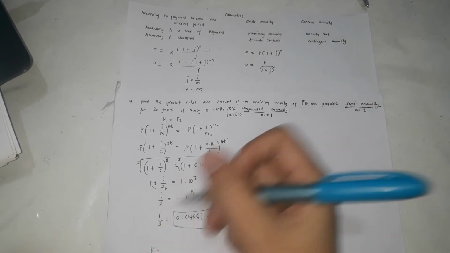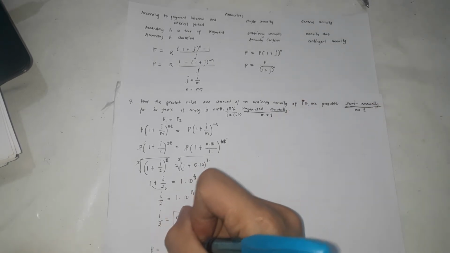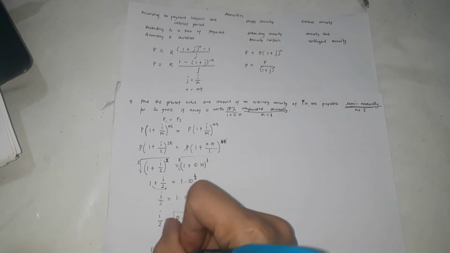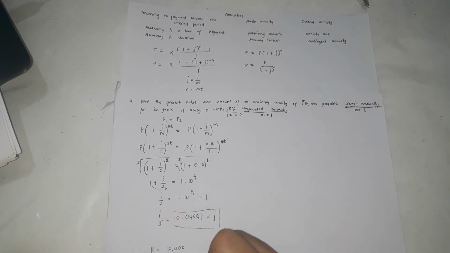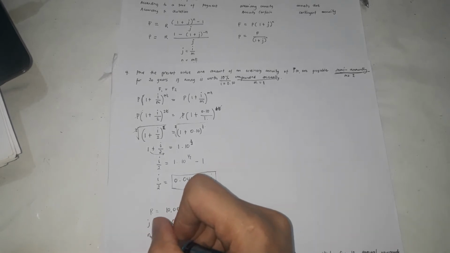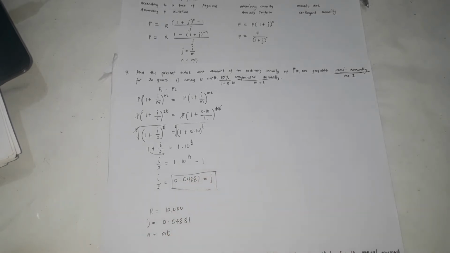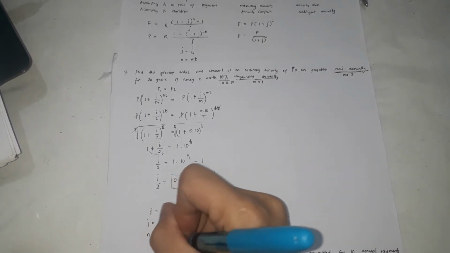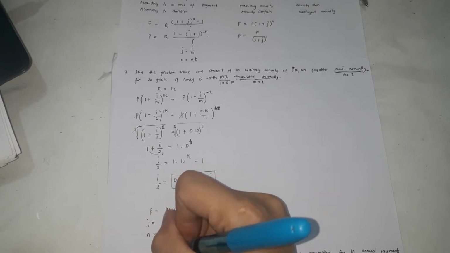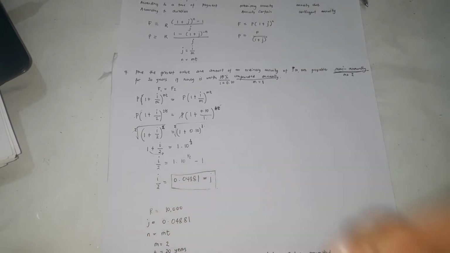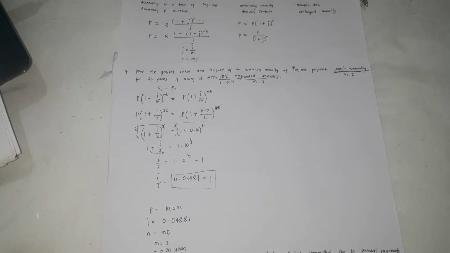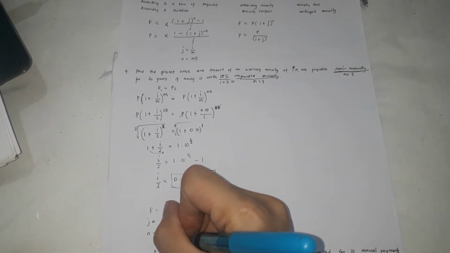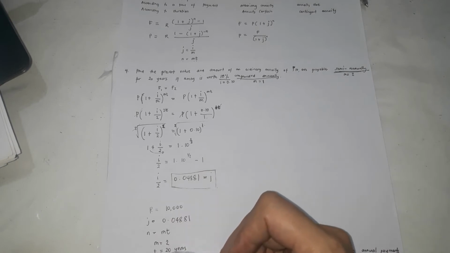So let's have now the givens. R is 10,000. j is 0.04881. What else? n is unknown. m is equal to 2, t is equal to 20 years.